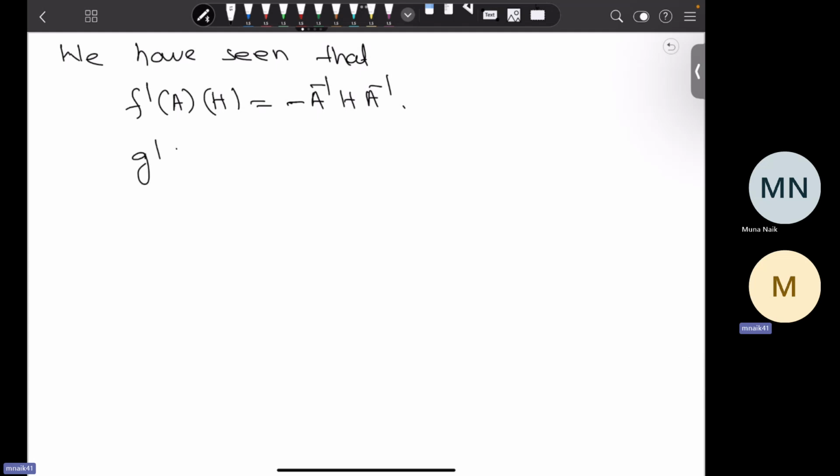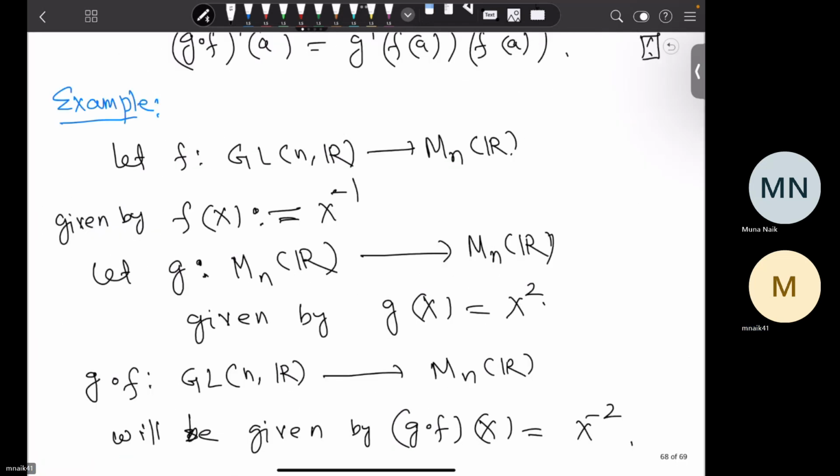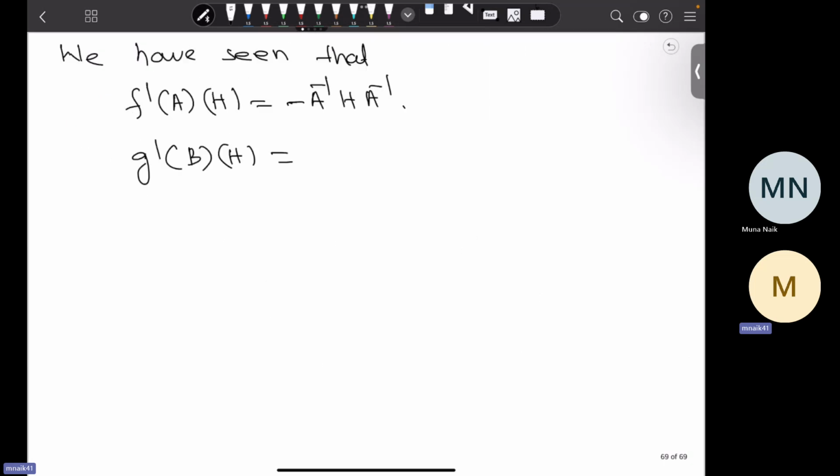Similarly, we have seen that G prime of b at h, the derivative of the map G of x, is equal to hb plus bh.